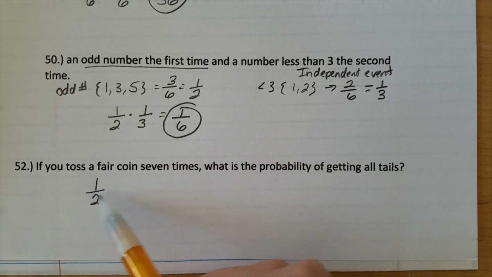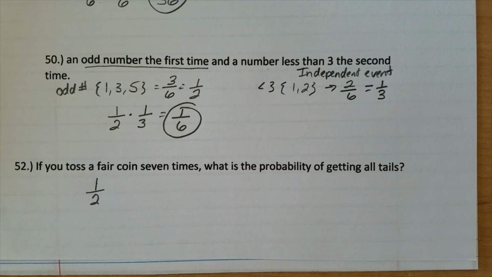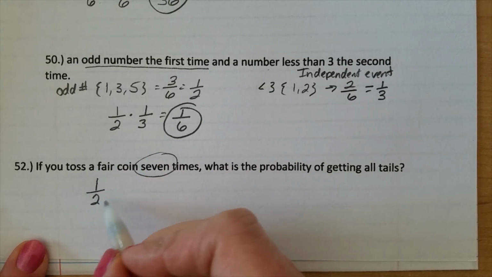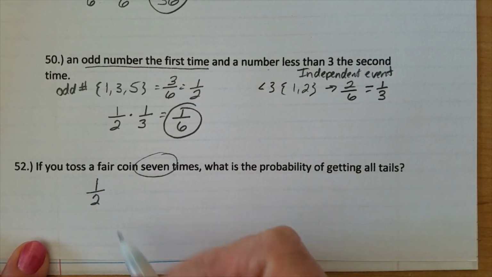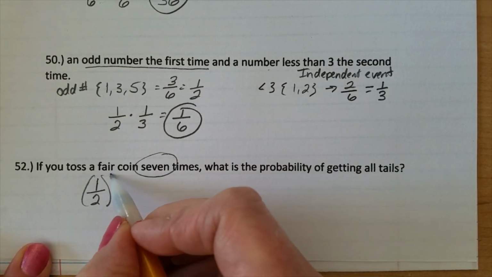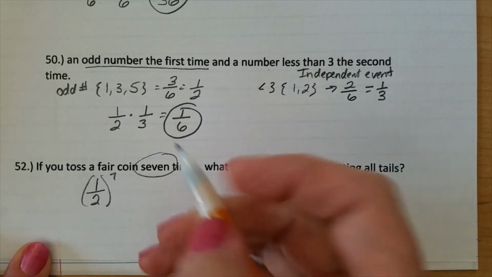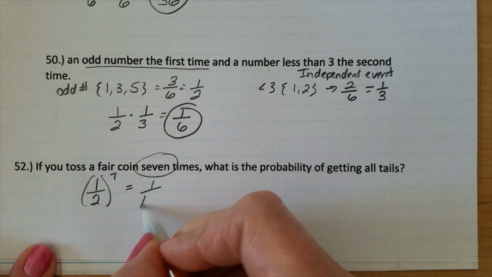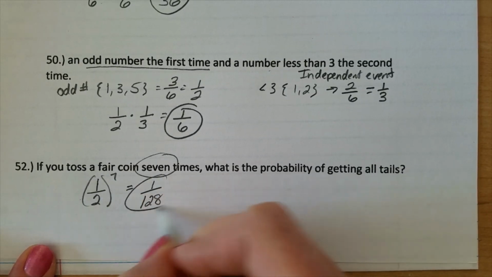And you would be multiplying your probabilities by however many times you're going to conduct that toss. So if you're tossing it 7 times, well, that's 1/2 times itself 7 times, which means you would just raise it to the 7th power. And that is 1/128.